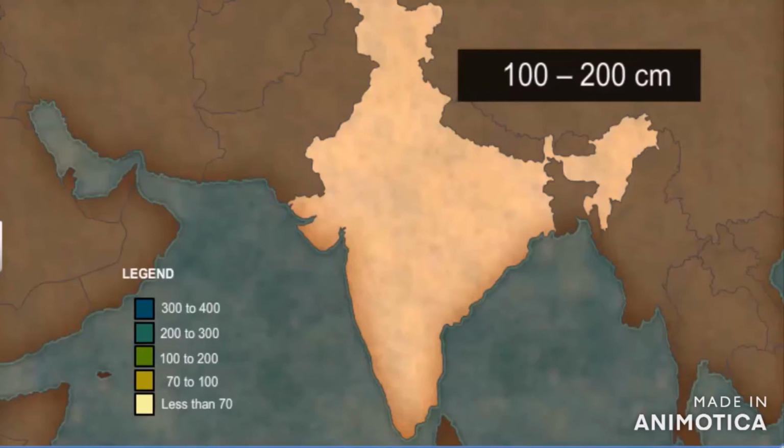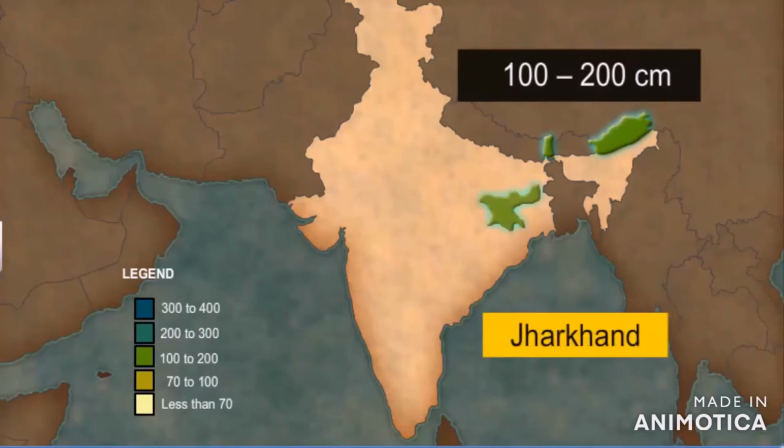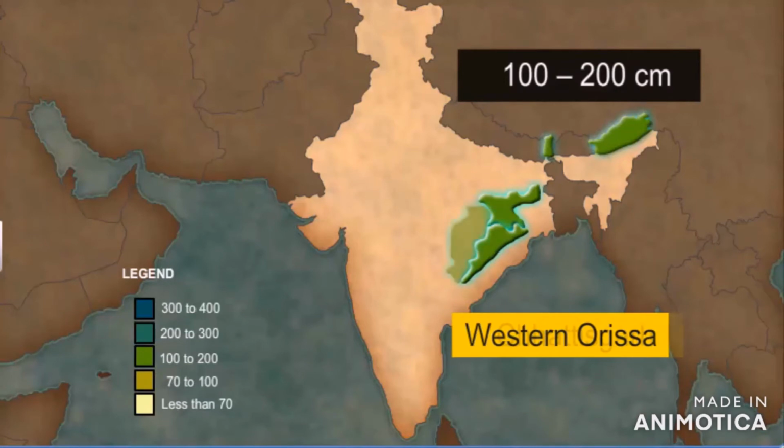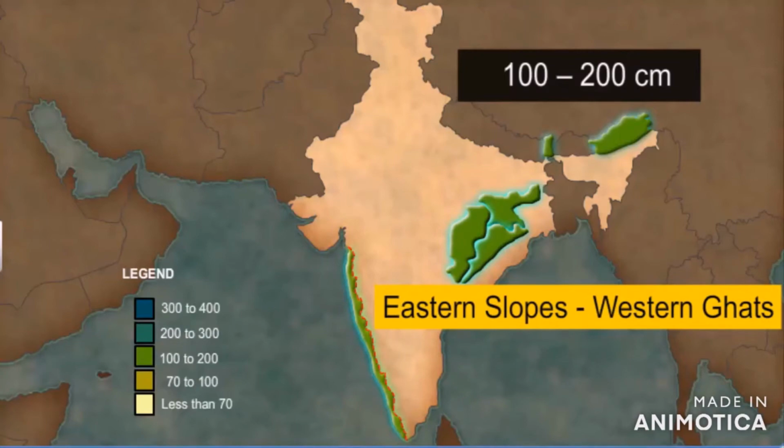The areas that receive between 100 to 200 centimeters of rain are known as moist deciduous forests, like some parts of the northeastern states, along the foothills of the Himalayas, Jharkhand, western Orissa, Chhattisgarh, and along the eastern slopes of the Western Ghats.